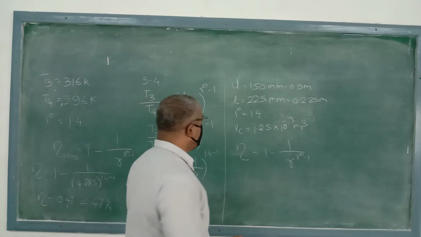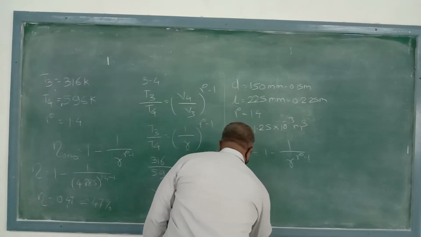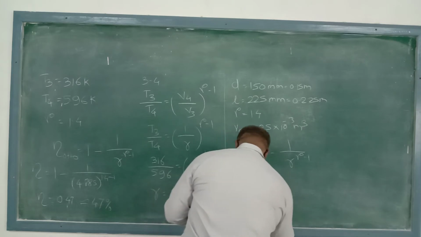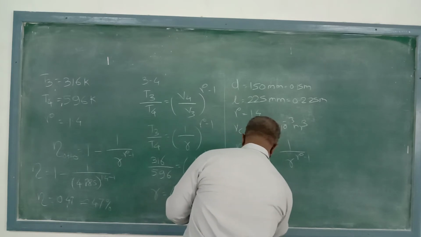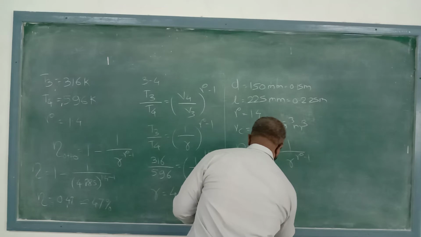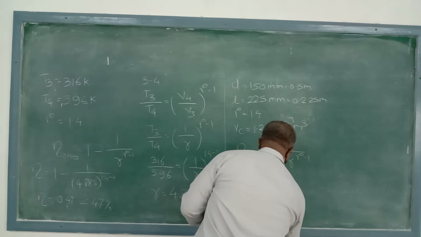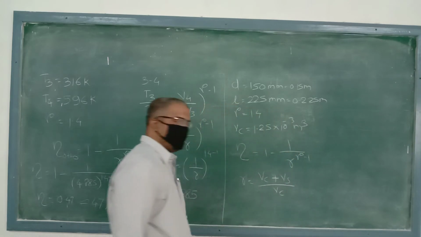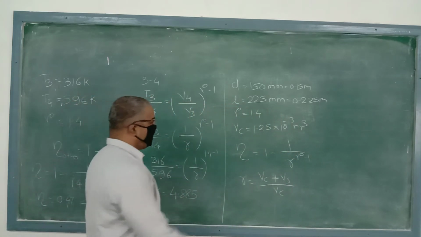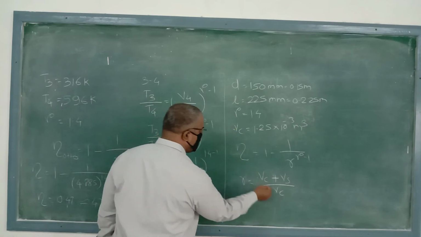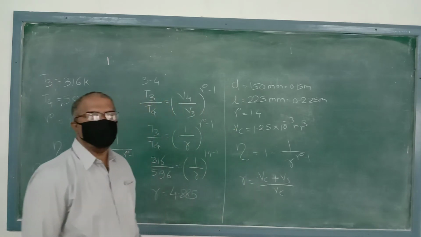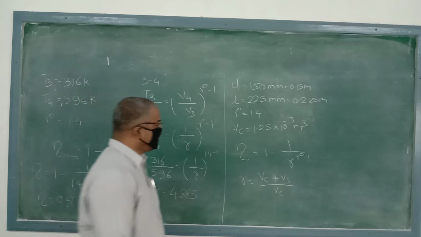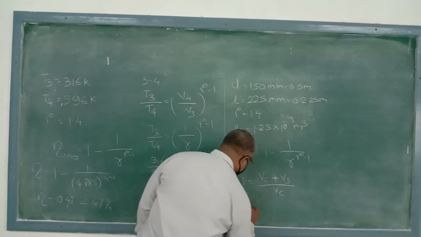We know that the compression ratio r is equal to Vc plus Vs upon Vc. The clearance volume is mentioned in the given data, so we just have to find Vs.